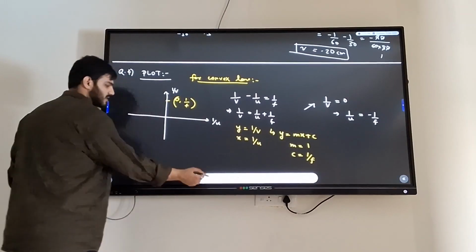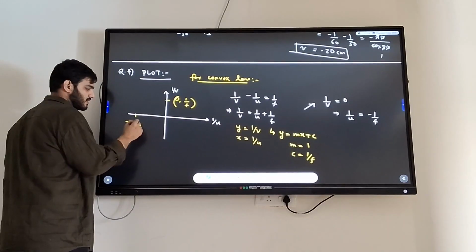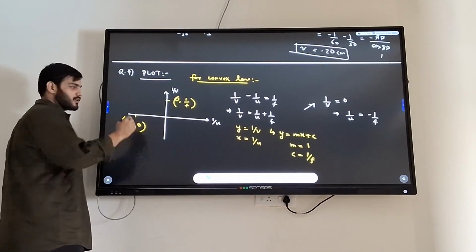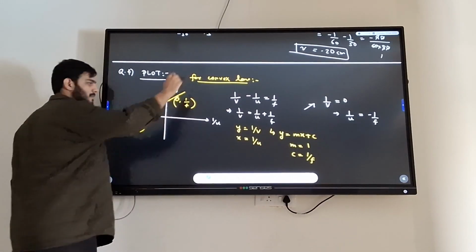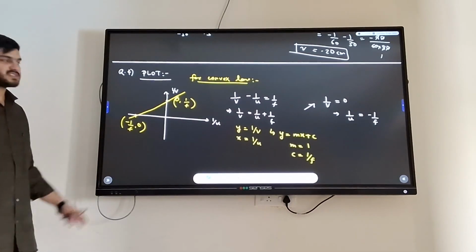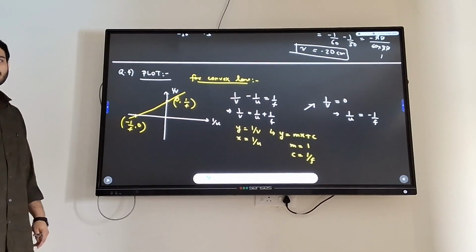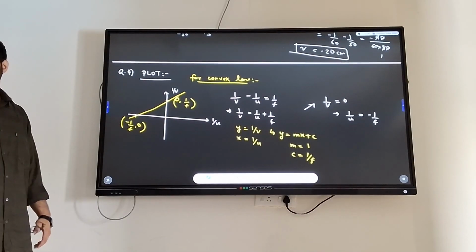Negative. So I should have one of the coordinates here. Then what will the graph look like? It's a straight line with a positive slope, cutting the two points. Do you understand? This was a simpler graph.